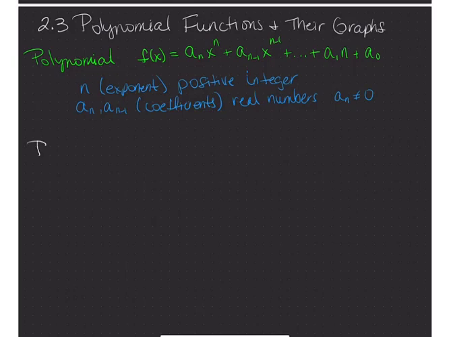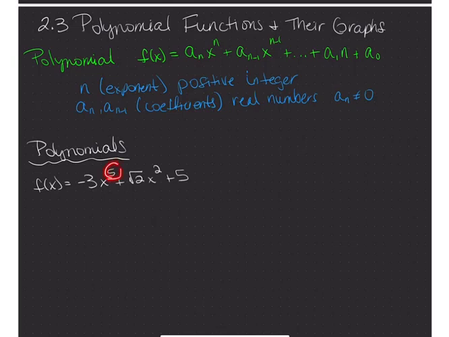So examples of polynomials. We could have f of x equals negative 3x to the 5th plus the square root of 2 x squared plus 5. And we know this is a polynomial if we go by our definition: our exponents are all positive integers, and our coefficients are real numbers.